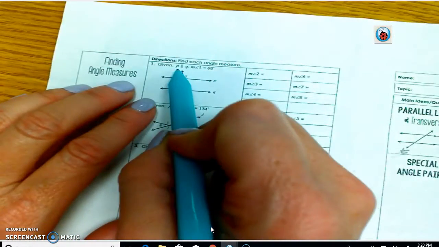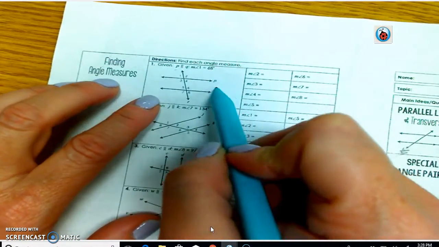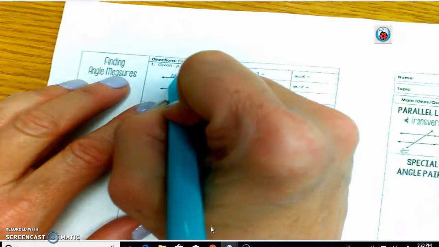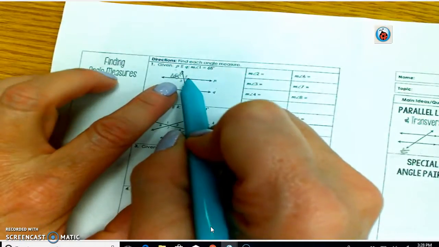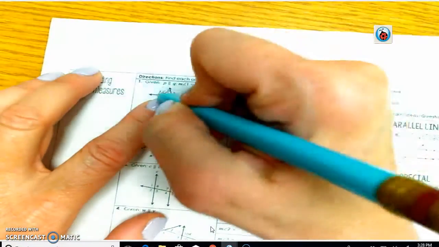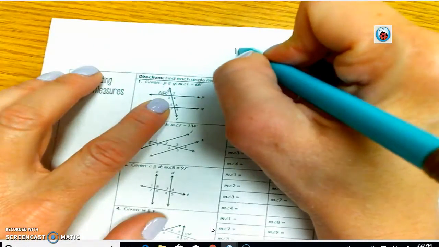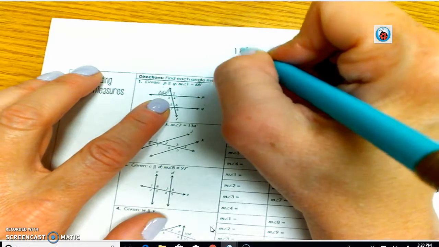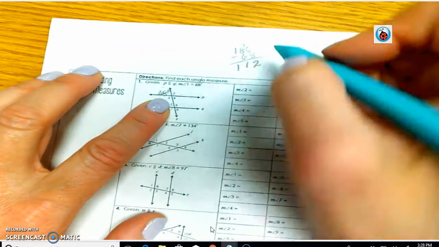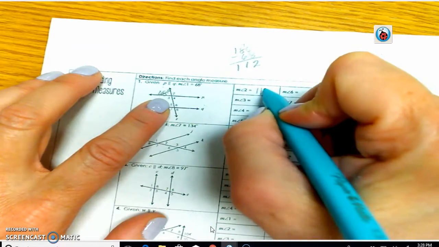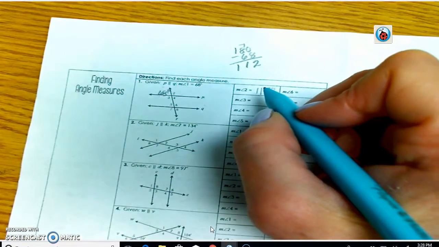What we're going to do, like it says, given P is parallel to Q, the measure of angle 1 is 68 degrees. So if angle 1 is 68 degrees, I can find angle 2. These are supplementary, and I can take 180 degrees and subtract, and the measure of angle 2 is 112 degrees.